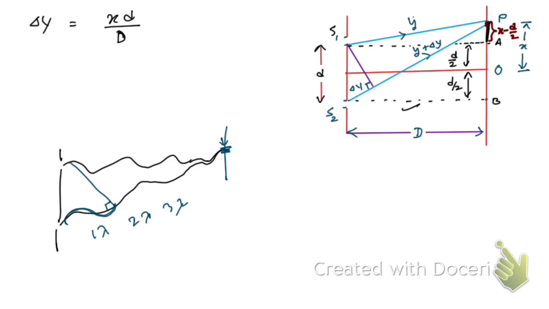Okay, so if the path difference is like half lambda, 3 by 2 lambda, and so on, then the crest of one wave will be on the trough of another wave. In that case we're gonna get a dark fringe. Okay, hope you understood this.